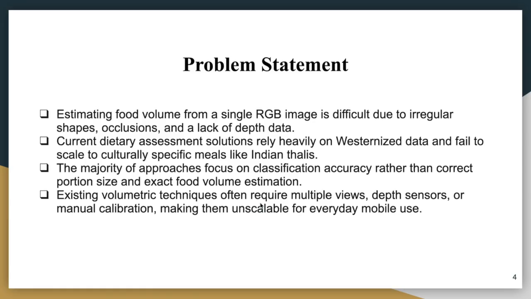Means the applications we have are unable to detect Indian cuisines effectively. So the majority of approaches focus on classification accuracy rather than correct position, size, and exact food volume estimation.